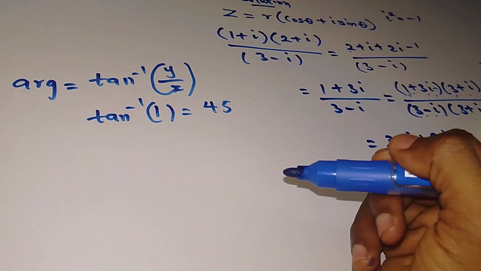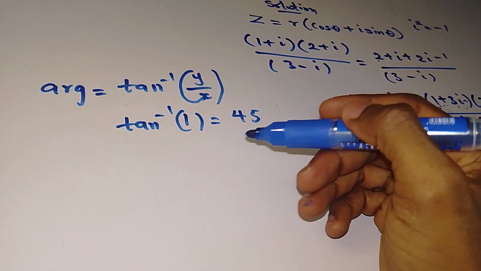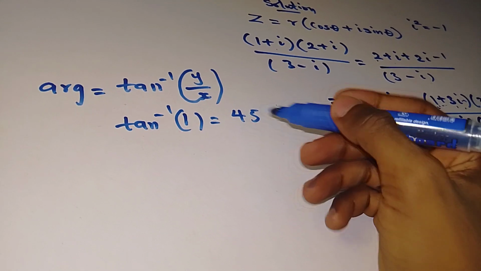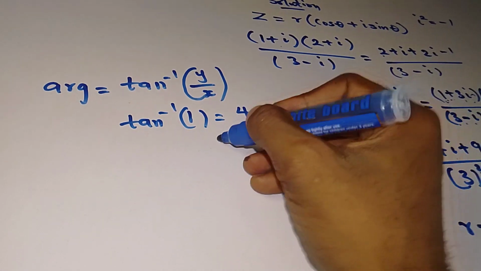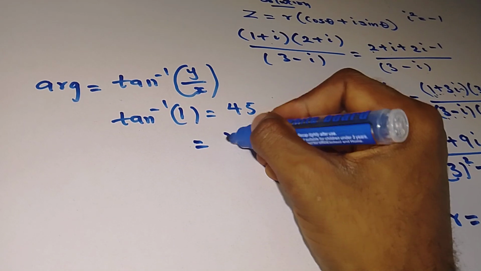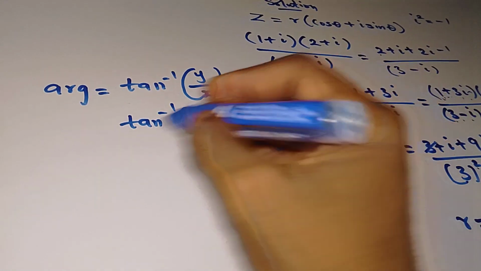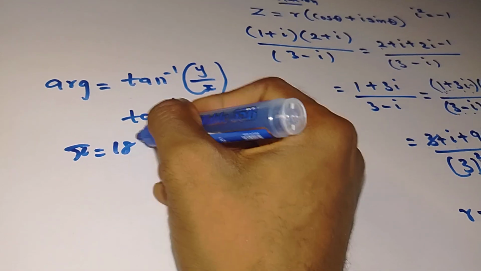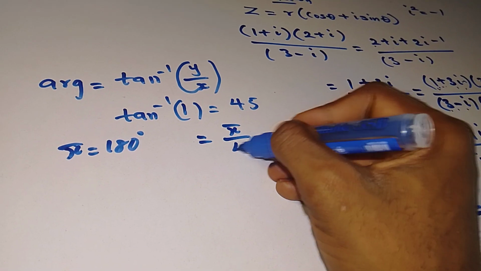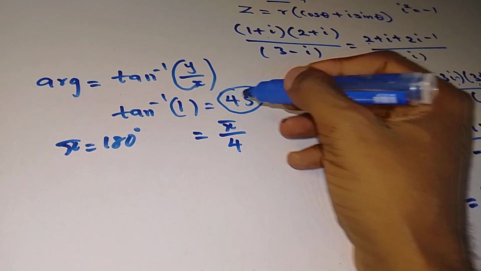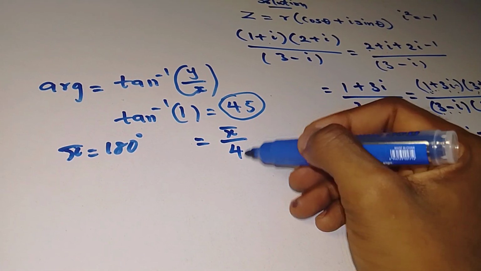But we express these arguments in radians, not degrees. Pi is equal to 180 degrees, so dividing 180 by 4 gives 45. So this 45 degrees can be written in radians as pi over 4.